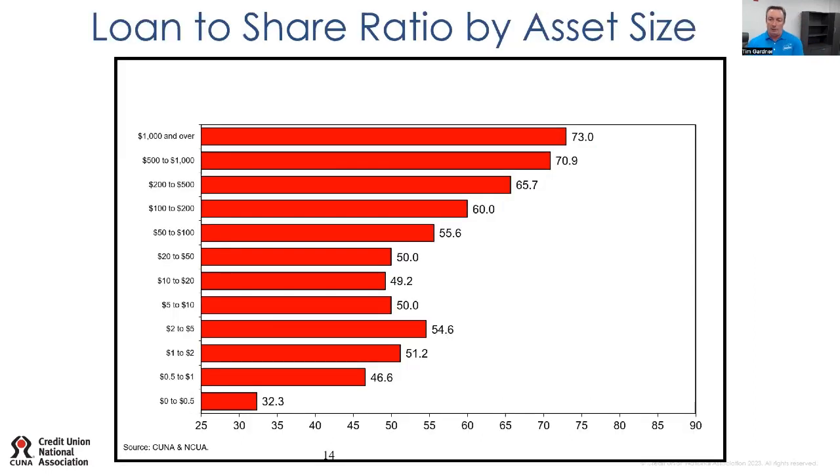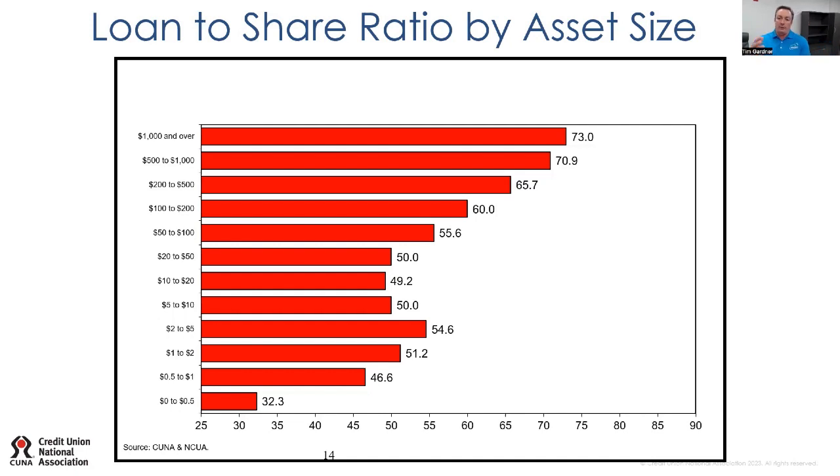When you see the loan to share ratio based on asset size, this doesn't mean that larger credit unions do it better than smaller credit unions. What tends to be the reason that credit unions in larger asset categories have a higher loan to share ratio has more to do with the types of loans that they make. So in credit unions that are over $1 billion in assets, they tend to be able to make member business loans, as an example. A credit union that's 25 million isn't going to make member business loans.